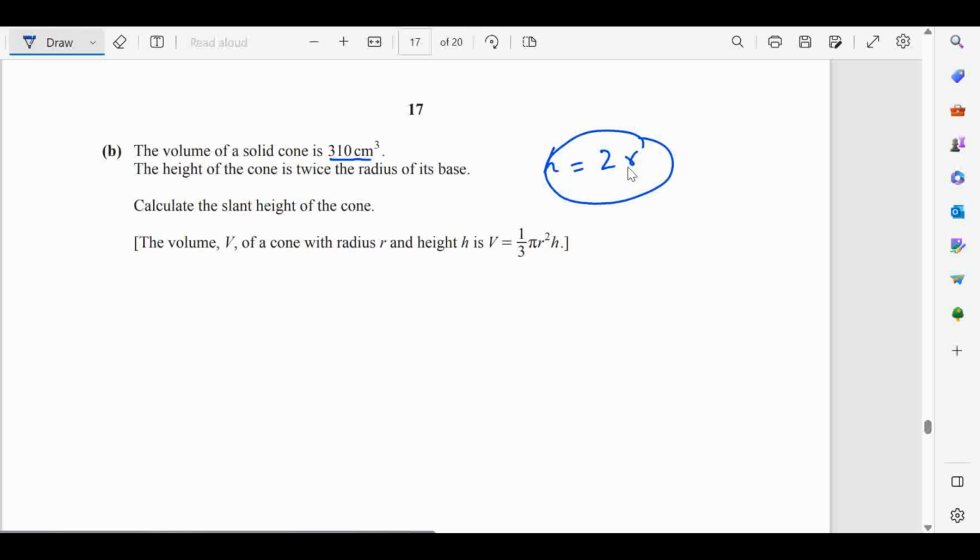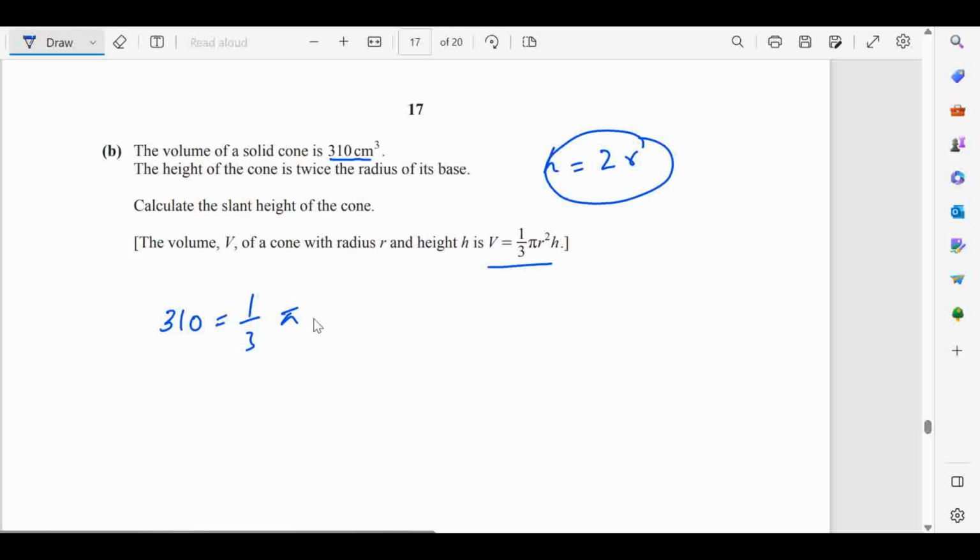This is the formula for the volume of the cone. The volume is given to us, so 310 equals 1 by 3 pi.